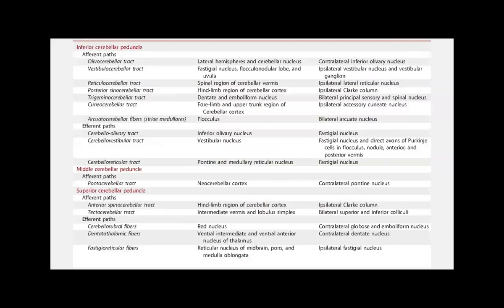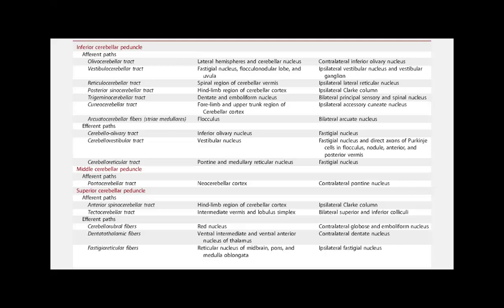So the chief afferent pathways to the inferior cerebellar peduncle include the olivocerebellar, vestibulocerebellar, reticulocerebellar, posterior spinocerebellar, trigeminocerebellar, cuneocerebellar, and arcuatocerebellar fibers. Whereas efferent pathways are the cerebello-olivary, cerebello-vestibular, and cerebello-reticular. Middle cerebellar peduncle is composed of the pontocerebellar tract, which is the single afferent tract from the cortex.